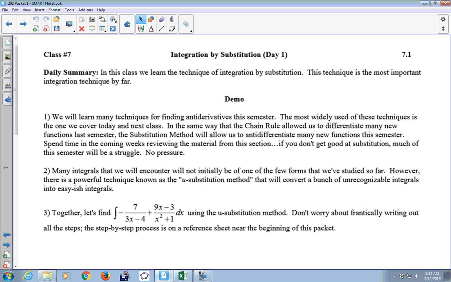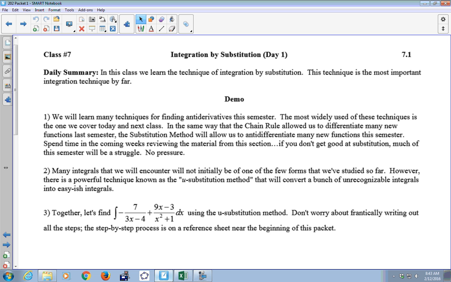In the same way that the chain rule allowed us to differentiate many new kinds of functions last semester, the substitution method is going to allow us to anti-differentiate many new functions this semester. So spend some time in the coming weeks reviewing material from this section. If you don't get good at substitution, much of this semester will be tough. No pressure.